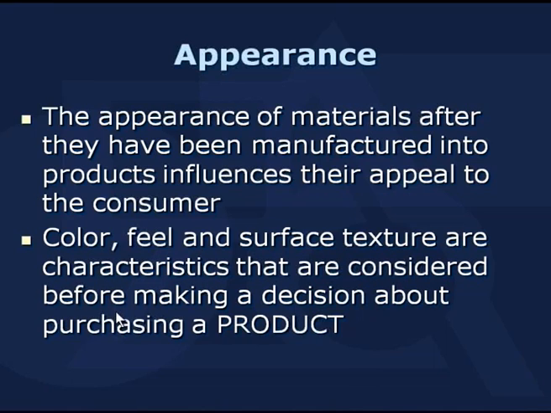So, it is a very important business decision to select a material which will give good appearance after processing. Similarly, color, feel and surface texture are characteristics that are considered before making a decision about purchasing a product. So, the customer takes into account all these things like color, feel or the surface texture of a particular product. So, we have to see that the appearance of the material should also be good. We cannot choose a particular material for a particular application which would not look good to the eyes of the customer.